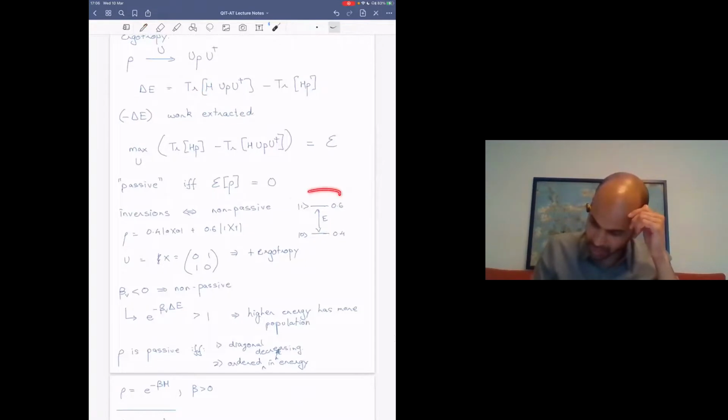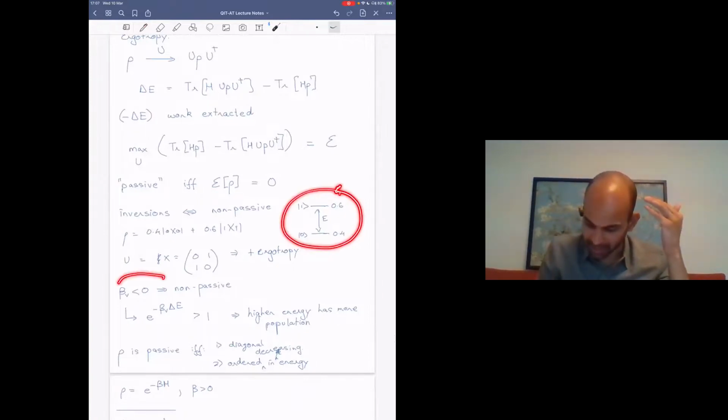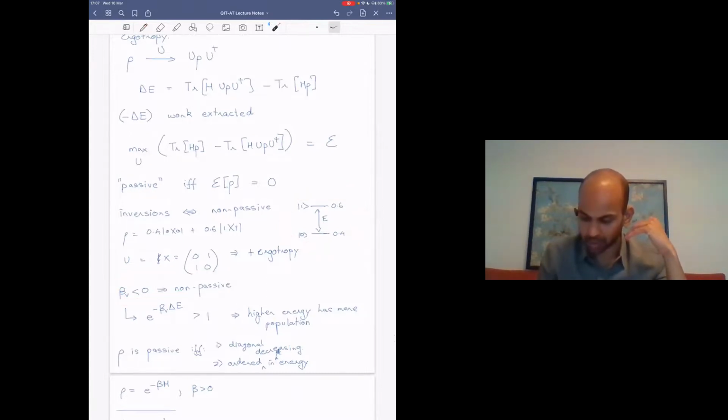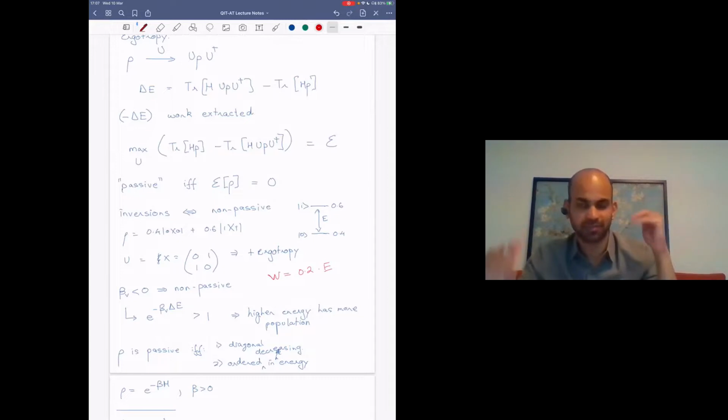So as long as I have two levels that have the property that the higher energy level has a higher population, which is the same as saying that beta virtual is less than 0, then it is definitely non-passive, because I can just do the X operation, and in this case, for example, I will extract W equal to 0.2, which is the change in population times E, which is the energy gap. So we already know that in any system that we have, a negative virtual temperature is going to give us positive work that we can extract.